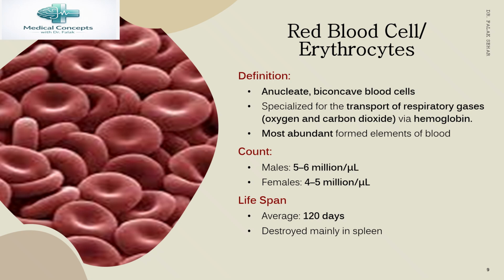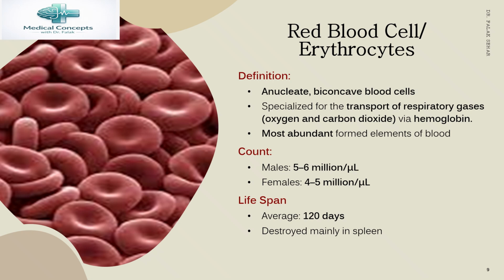Regarding definition, the erythrocytes are anucleated biconcave blood cells. Anucleated means that they do not contain nuclei. These cells are specialized for the transport of respiratory gases that include oxygen and carbon dioxide with the help of hemoglobin. Red blood cells are the most abundant formed elements in the blood.